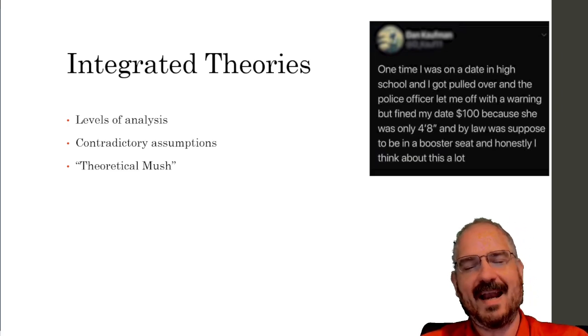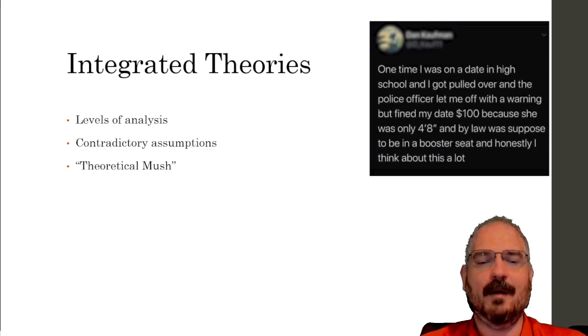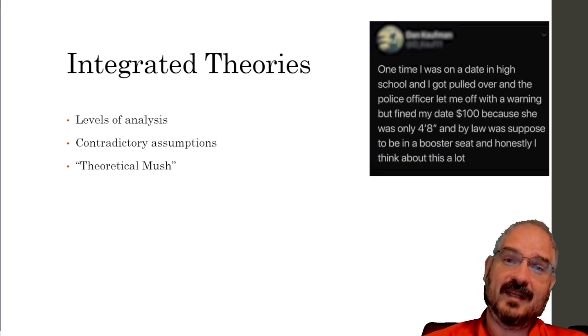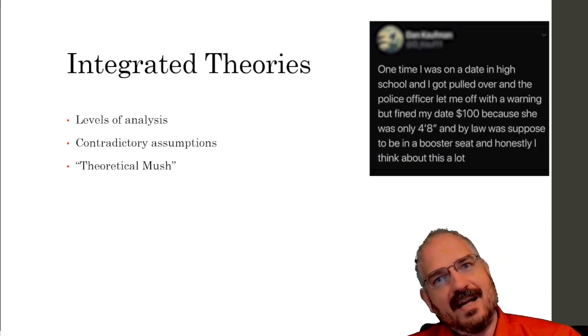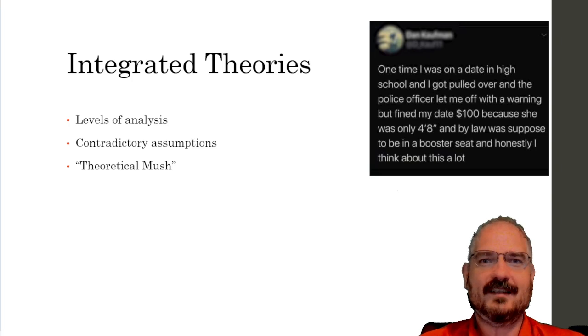You also have to remember that every theory has a different set of assumptions, among which is, are people inherently good and need something to drive them into committing crime? Or are people inherently criminal and they need something to restrain them from committing crime? That's one example of an assumption.